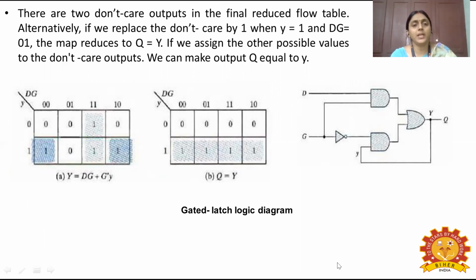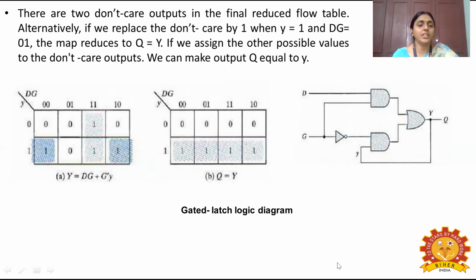Alternatively, we replace the don't care by 1 when y = 1 and dg = 0, 1. The map reduces to q = y. If we assign the other possible values to the don't care outputs, we can make output q equal to y.